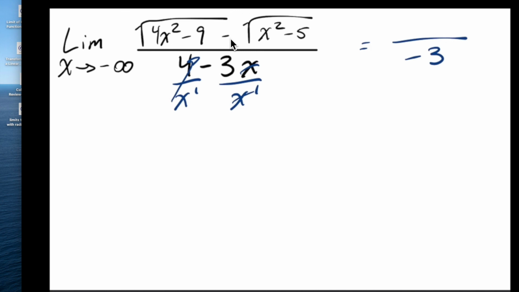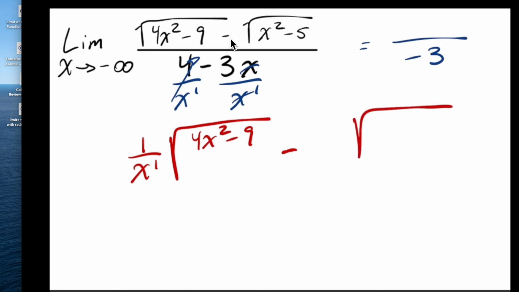Now let's focus on the numerator. We're going to multiply 1 over x to the first times both of these radicals. We're going to build a fraction in anticipation of bringing in that x to the first into the denominator of the radicals.